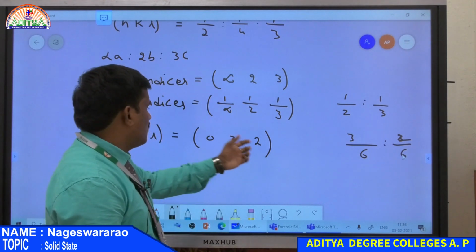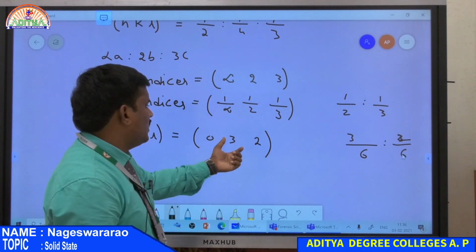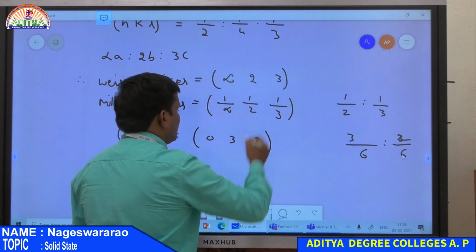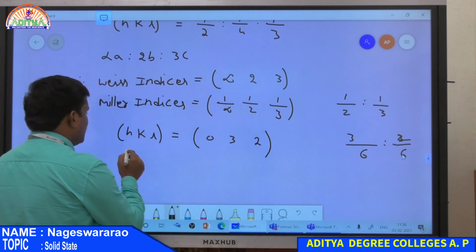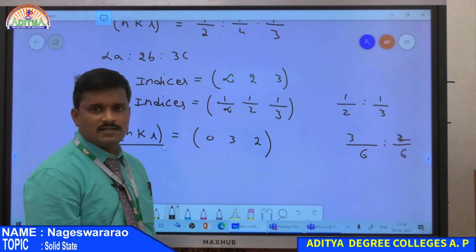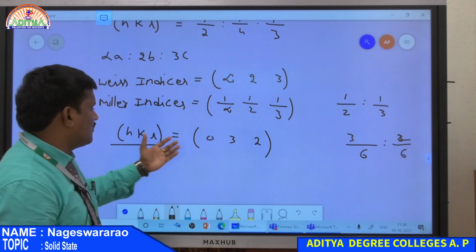So simply 0, 3 and 2. These are the reciprocals of those values, and therefore these are the Miller indices.